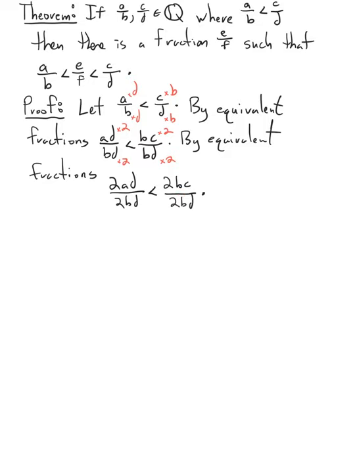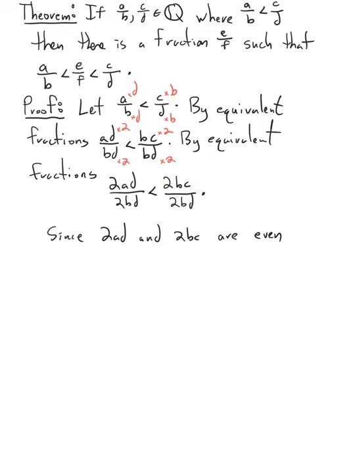And, hey look, this is 2 times something, and this is 2 times something. So both the left and right-hand side numerators are even numbers. So that's how we can apply the lemma. So we can say, since 2AD and 2BC are even, of course they are, because it's something with a factor of 2.